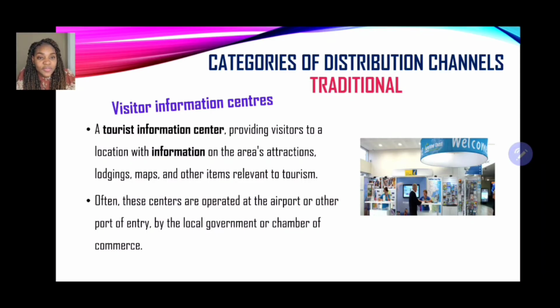Now, a tourist information center provides visitors to a location with information on the area's attributes, lodging, maps, and other items relevant to tourism. Often these centers are operated at the airports or other ports of entry by the local government or the Chamber of Commerce.